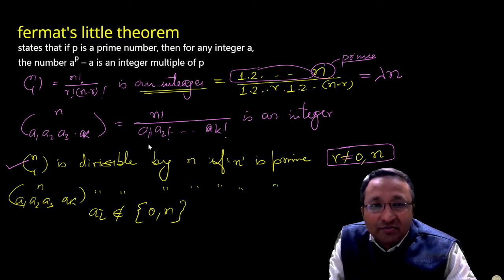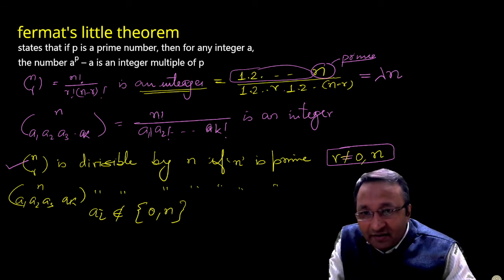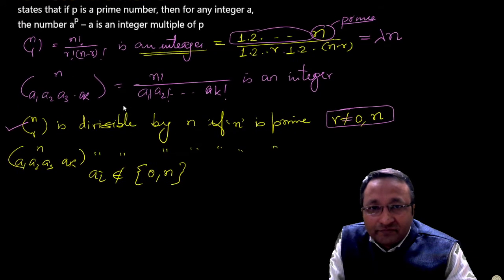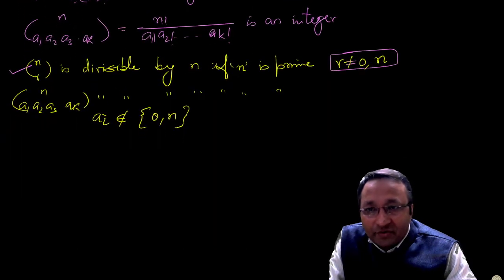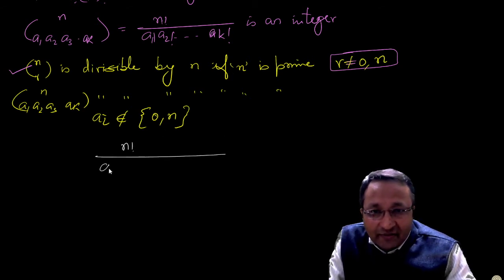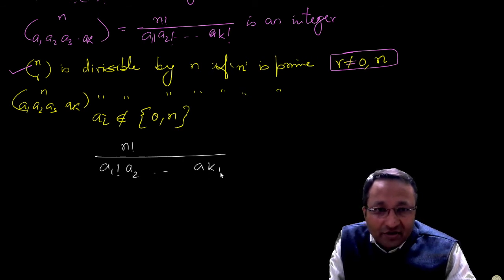And in the numerator, n factorial. Let me create some space here. So the number of arrangements is essentially n factorial over a1 factorial, a2 factorial, up to ak factorial.